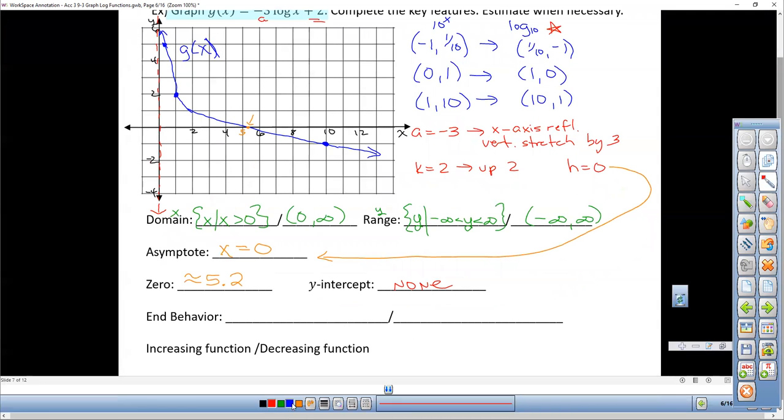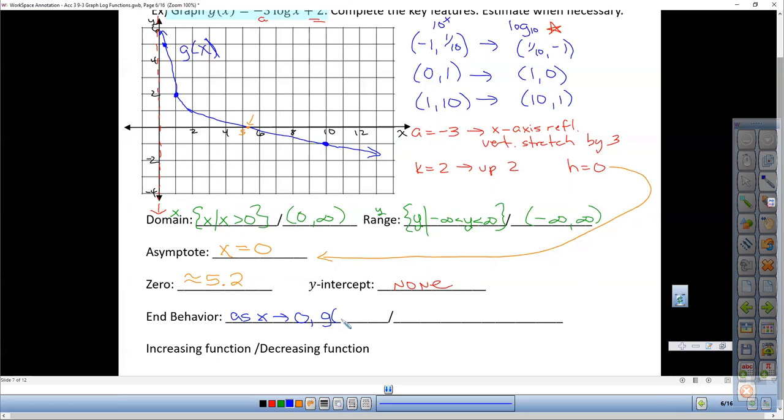End behavior. So our left end, this is where normally x goes to negative infinity, but because of the vertical asymptote, it can't do that. So the left end, x can only go towards the x value of the asymptote. So x is going towards 0 on that left end.